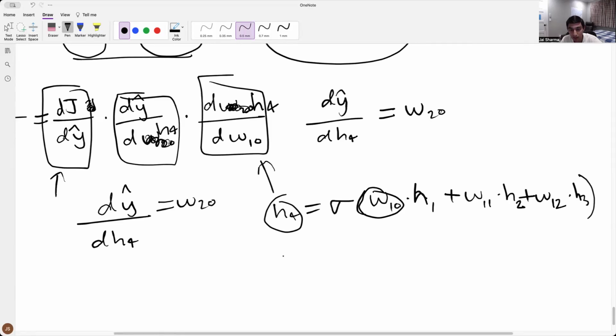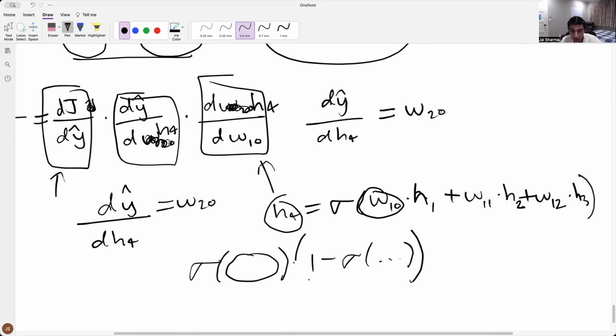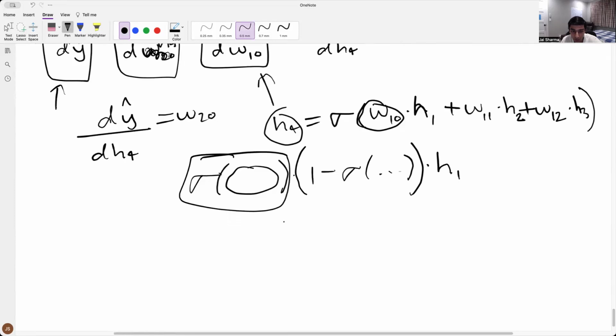So get the derivative of this with respect to this. So that would just be the derivative of sigmoid, which would be sigmoid of whatever times 1 minus sigmoid of whatever, right? And then that would be multiplied by, because of the chain rule, h1, right? And if you think about it, this whole thing is actually just the value of h4, because h4 is defined as the sigmoid of everything, right?